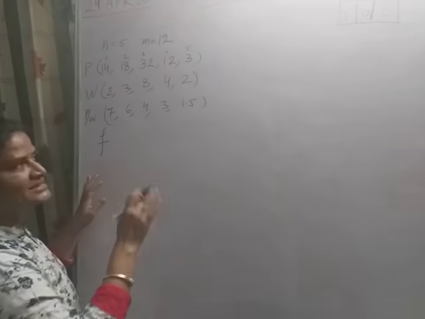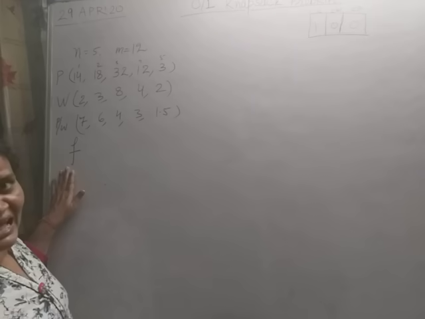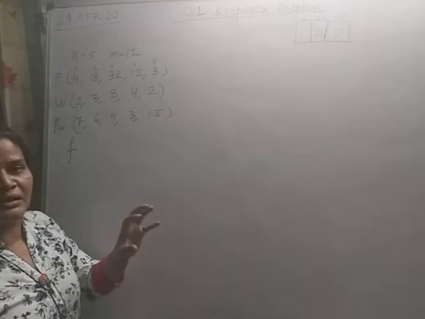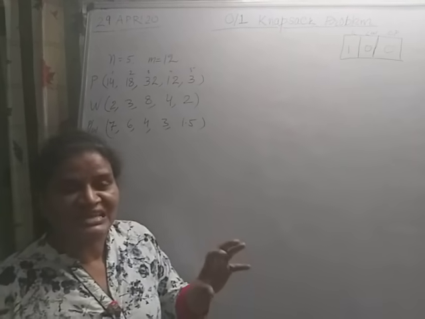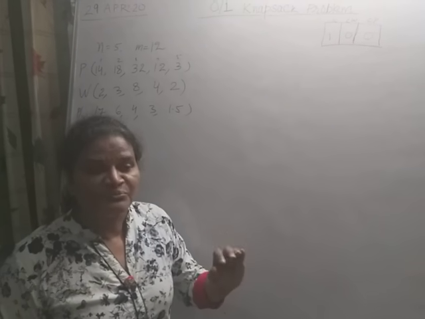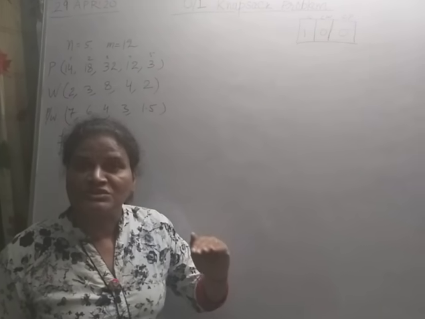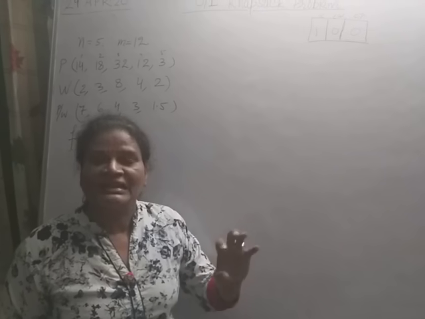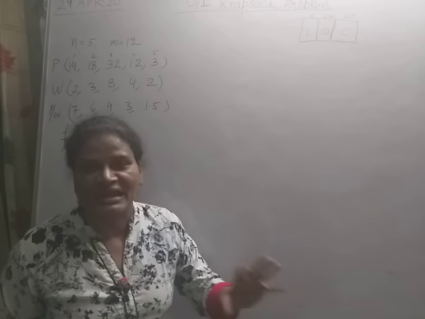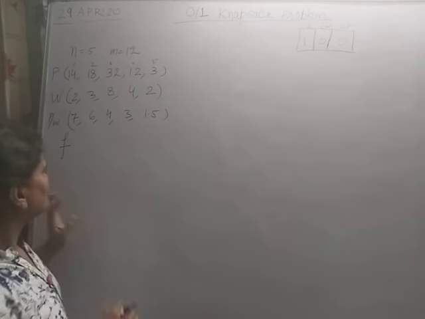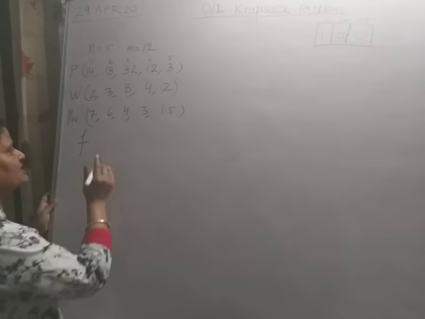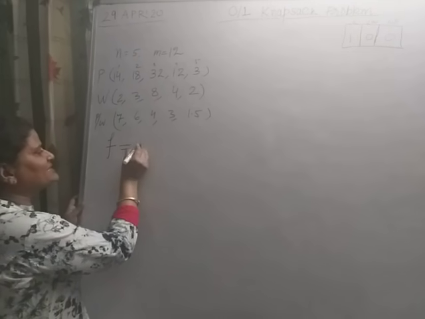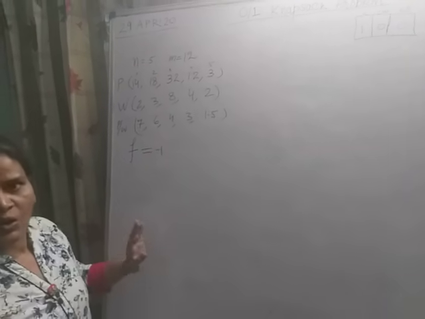Here in this algorithm f is the profit generated so far, meaning if a solution vector is generated, then that is the profit of that solution vector. Initially there is no solution vector, so f is initialized with -1.